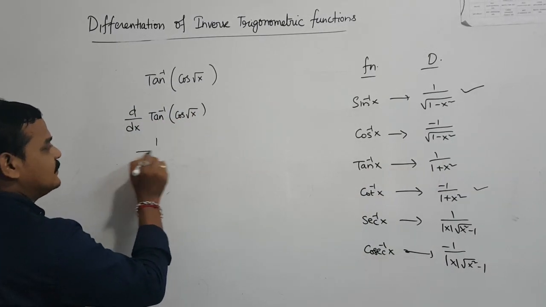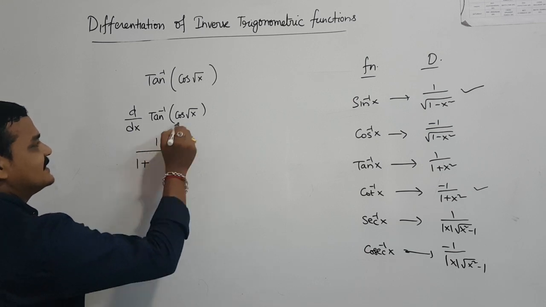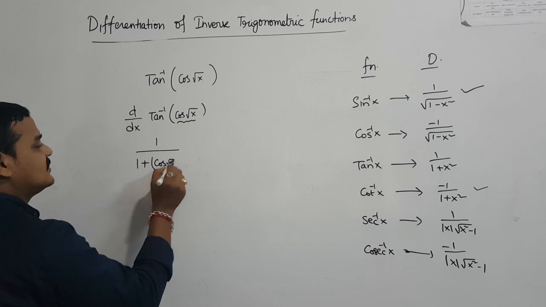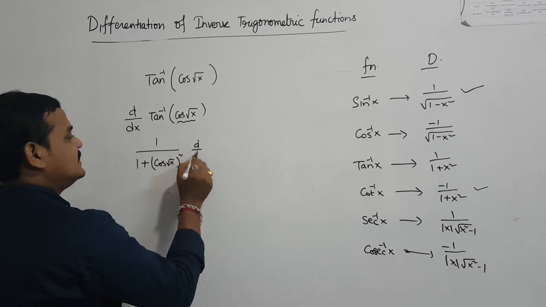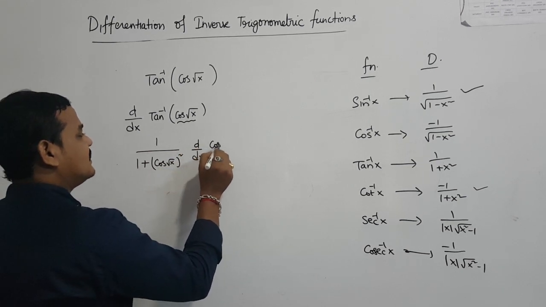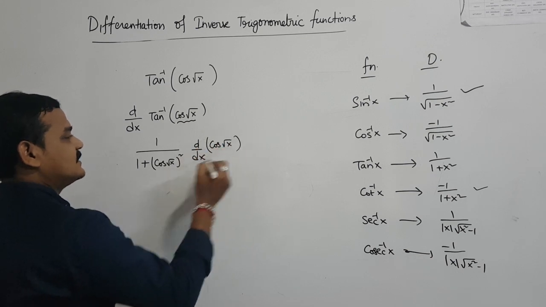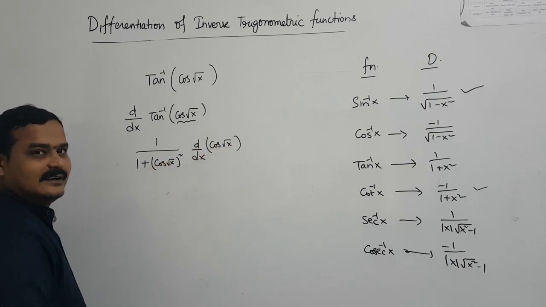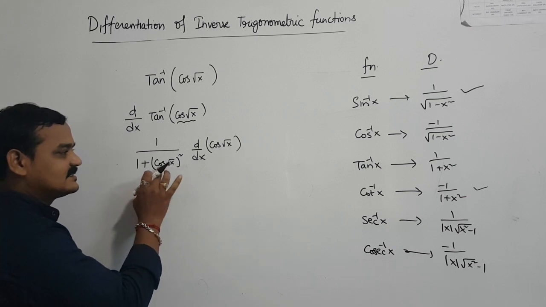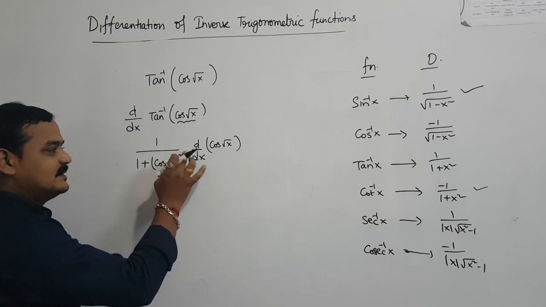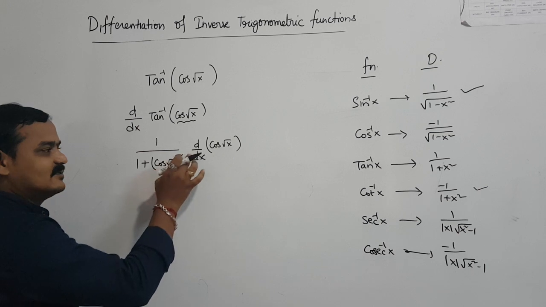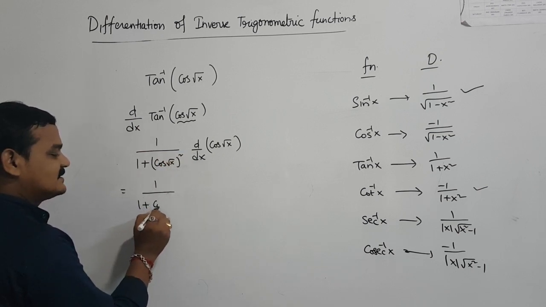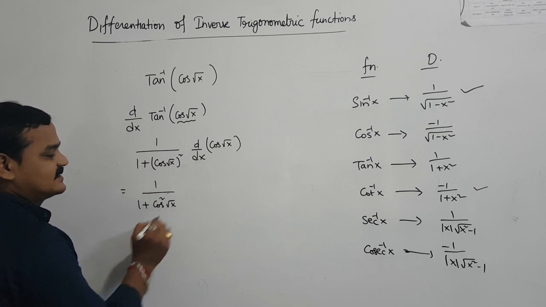So 1 by 1 plus, in the place of x, cos of root x whole square, into d by dx of cos of root x. This root x and square can never be cancelled, because cos of root x, this means cos square of root x, not root x whole square. So finally 1 by 1 plus cos square of root x.